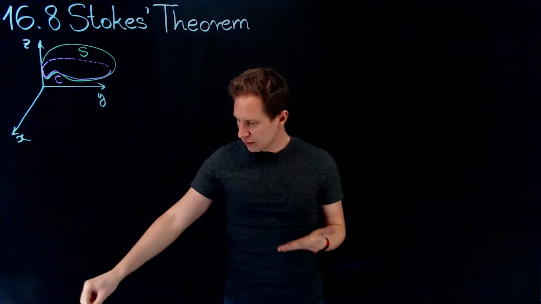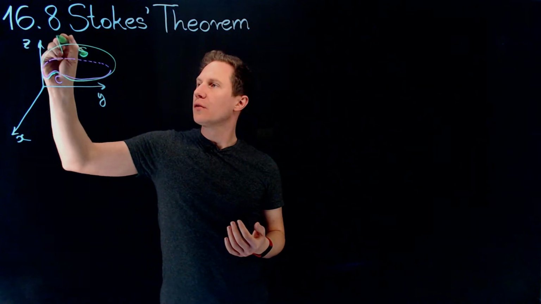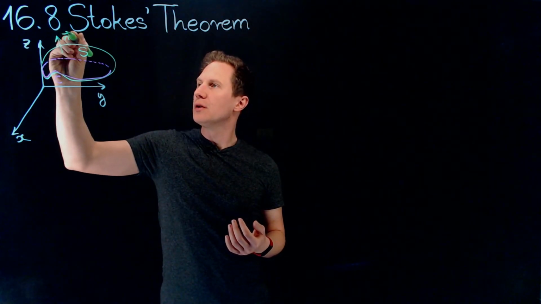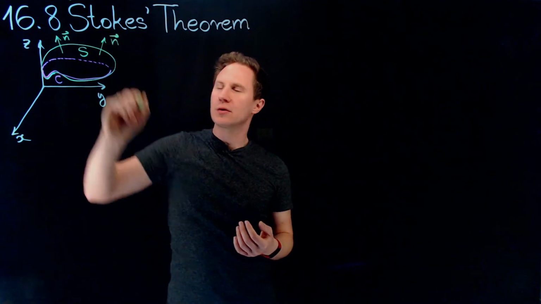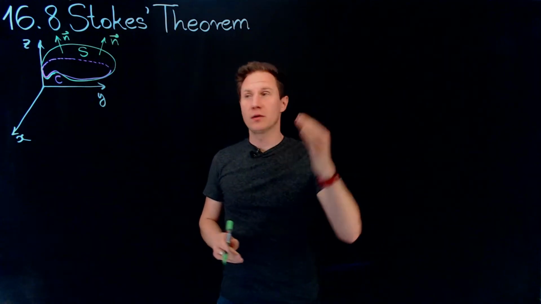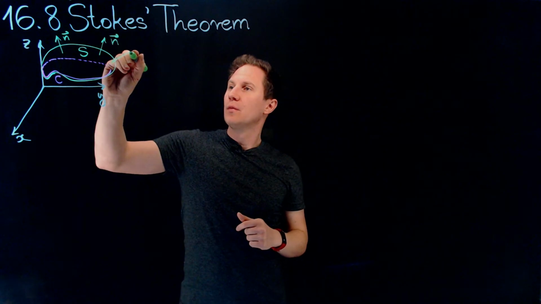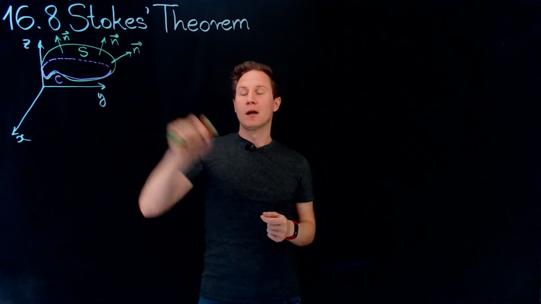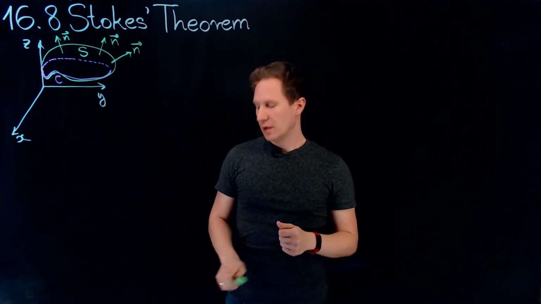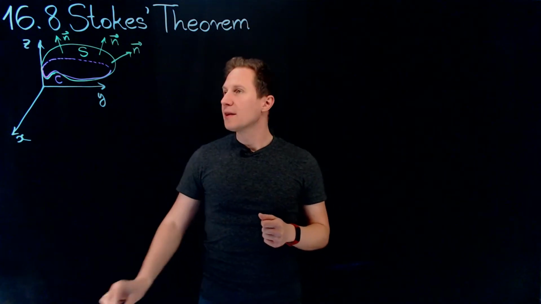And as soon as we give this surface an orientation, meaning that we choose the direction of normal vectors on the points of the surface, we will have a direction for the boundary curve induced in the following way.